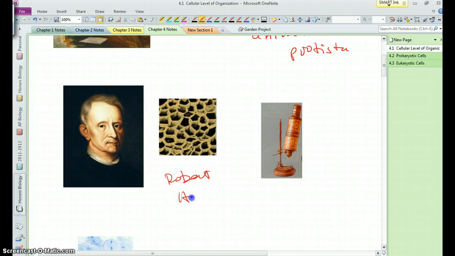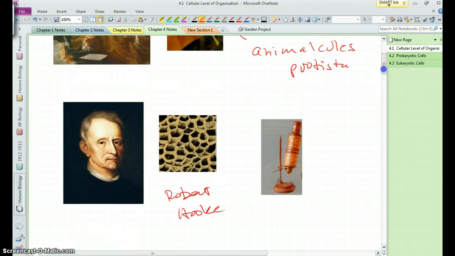Alright, so von Leeuwenhoek, and then an Englishman named Robert Hooke. He came along and basically built a better microscope and was able to magnify things more and see greater details. And so he took a look at cork, which are dead plant cells that come from the bark of plants.